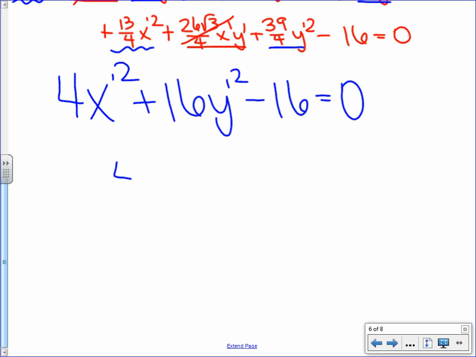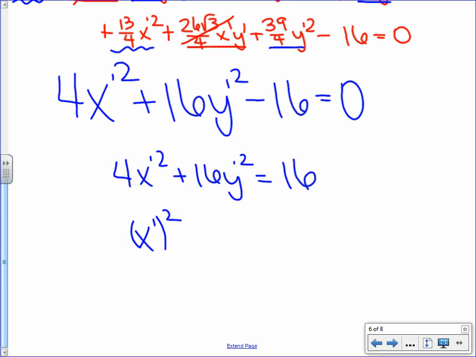So all we're going to have to do is move this constant over and then divide by 16. So we have x prime squared over 4 plus y prime squared over 16 equals 1.